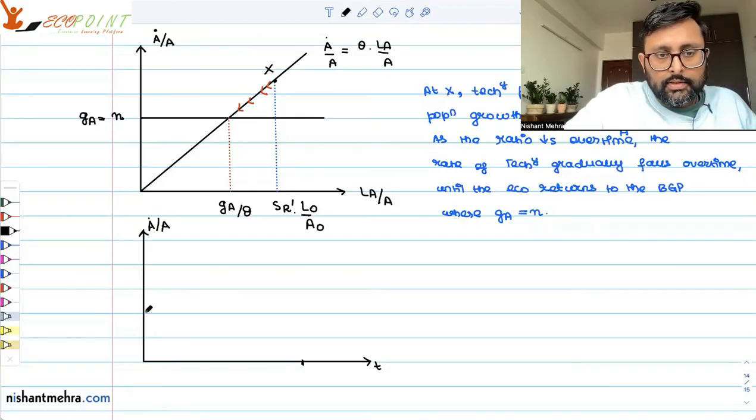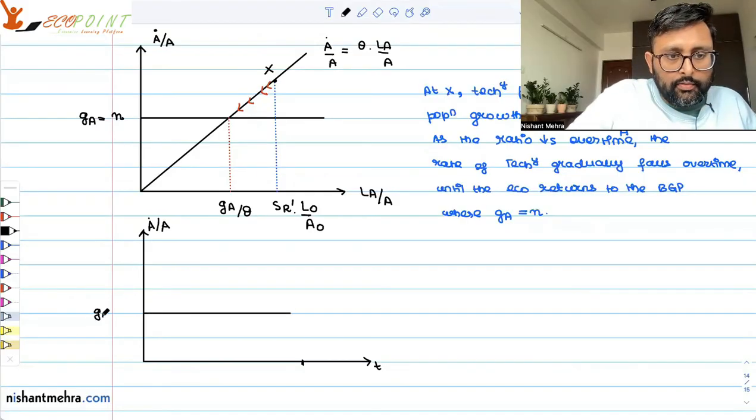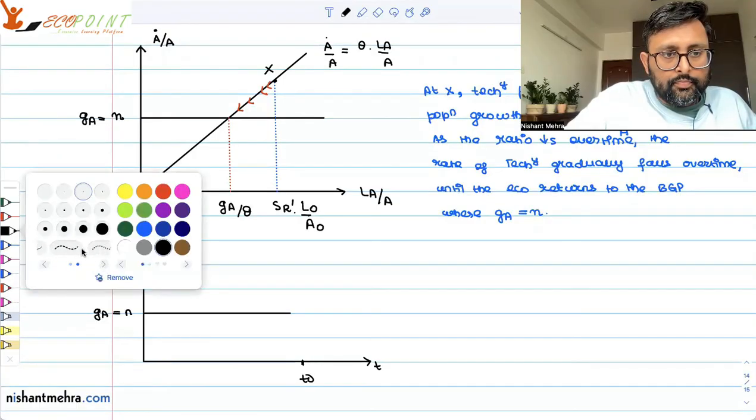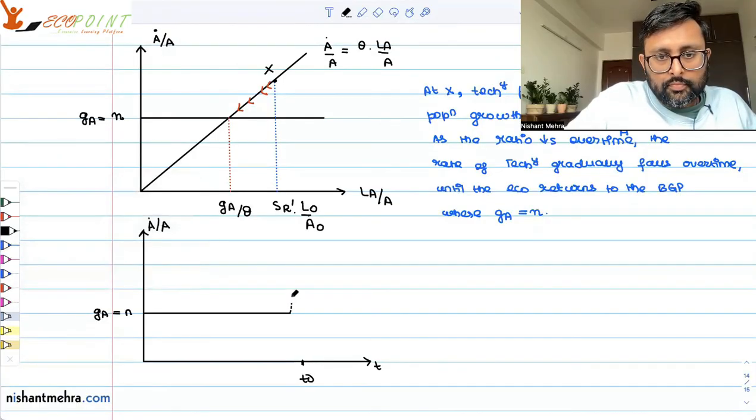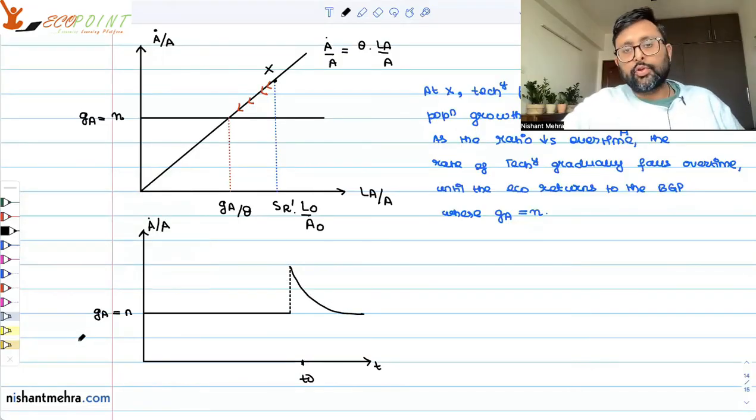So it increases till here, and here you have GA equals N. And then gradually it falls. This growth rate falls like this.